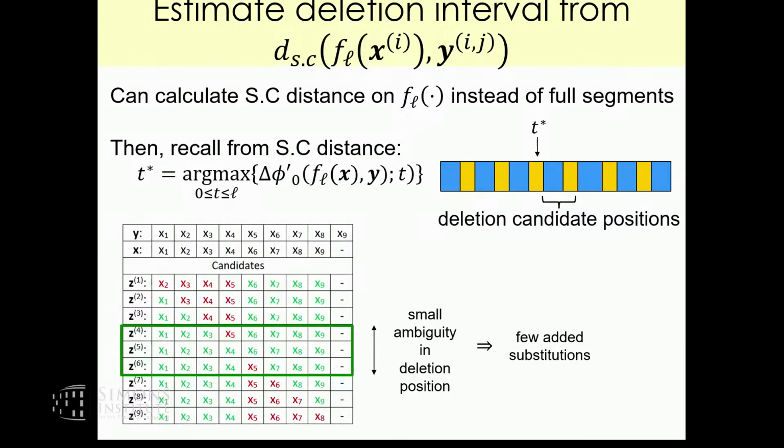Because of the property that a small error in the deletion position will only give us a small number of extra substitutions. The red here are extra substitutions that we get from misestimating the deletion. These are not the real substitutions that we have in addition, but as you can see, we have few reds so long as our ambiguity is small. And now we can translate that small ambiguity to a few added substitutions, so we can correct those with maybe a little stronger substitution-only decoder.